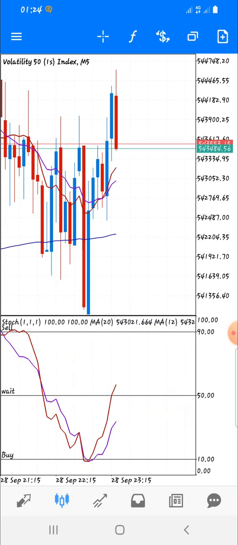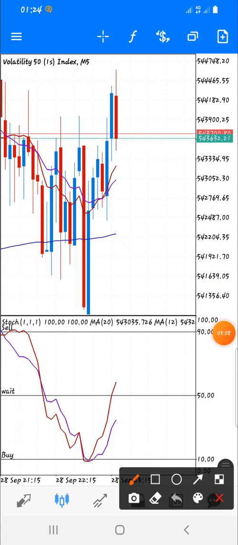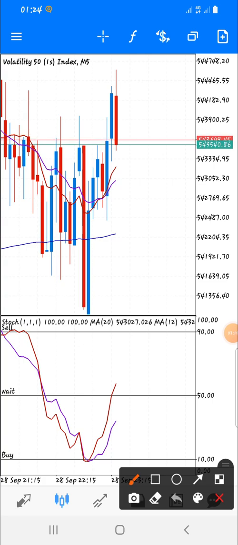The first thing one has to do if you want to master the Volatility 50 index, as we all know, is that in the market we always first identify what we call the trend.